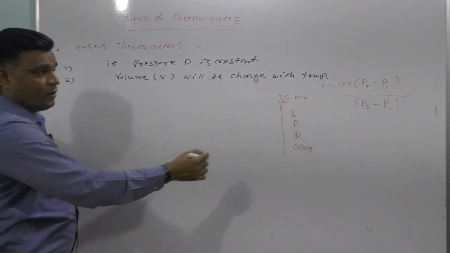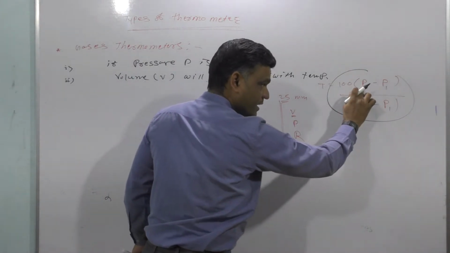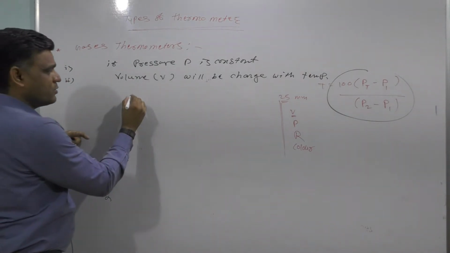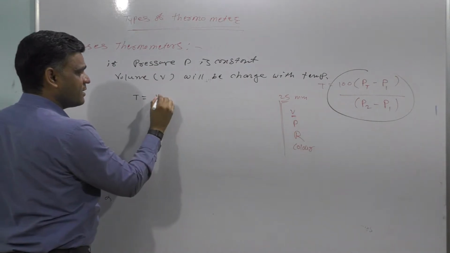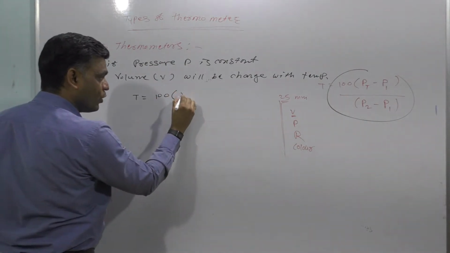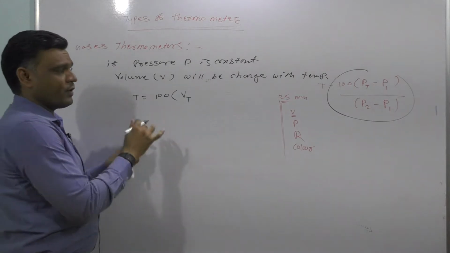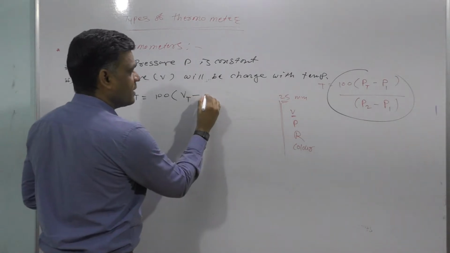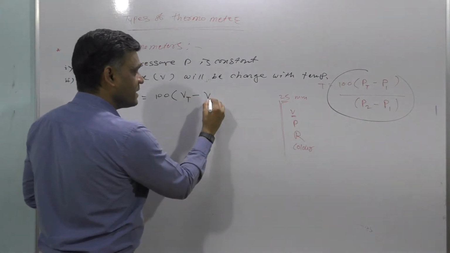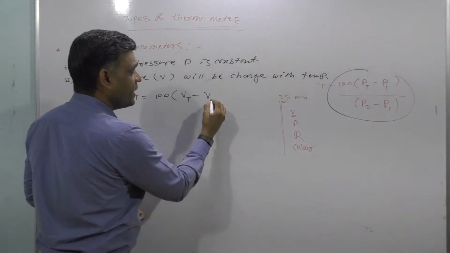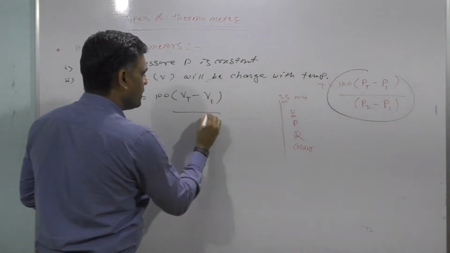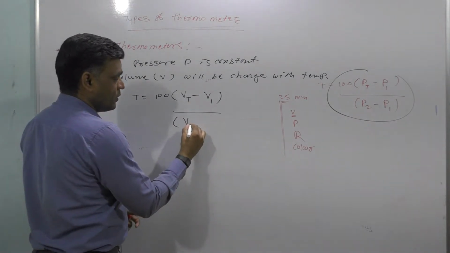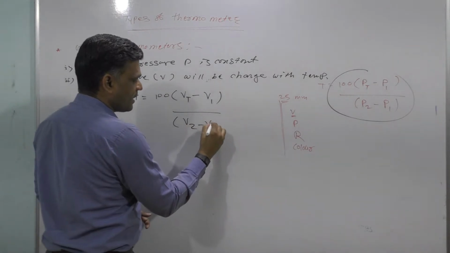And we find out the change. Here, instead of P, for the gaseous thermometer I use temperature T equal to 100 times the volume of the gas at a given temperature, minus the volume of that gas at the freezing point or ice point V1, divided by the volume of gas at the steam point V2 minus again V1.